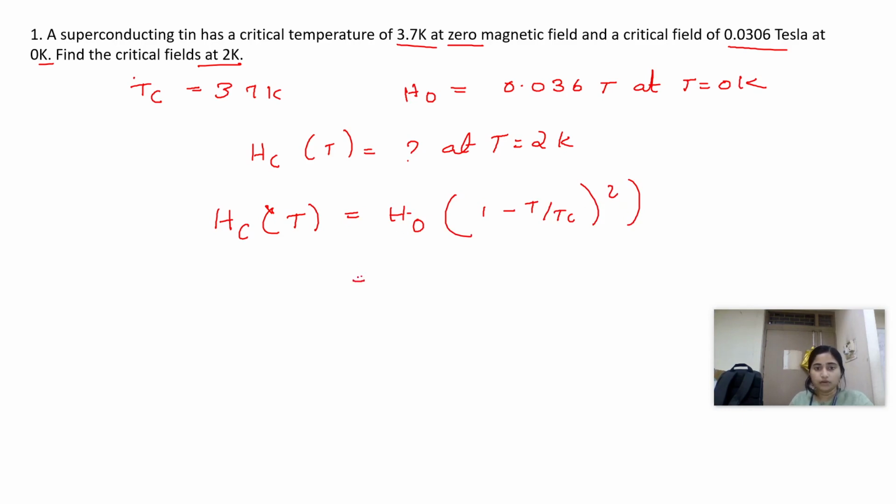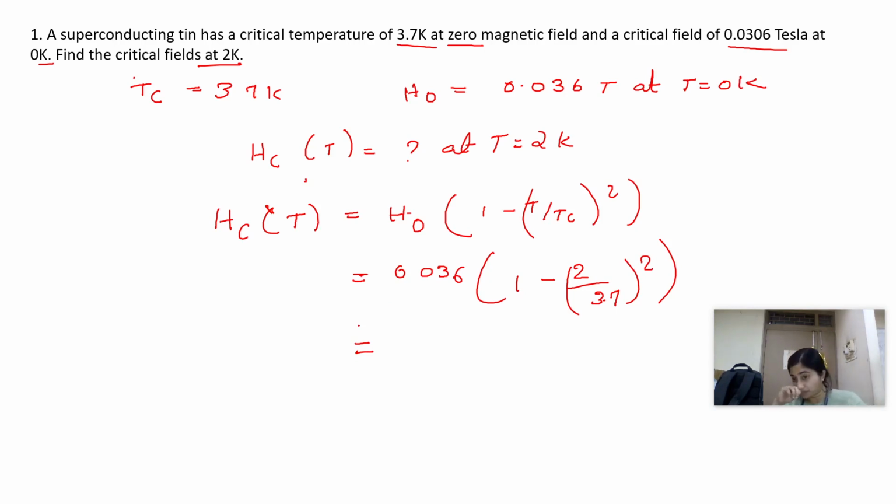Now substitute the values which are already given in the problem. Although it's a direct problem, it will be 0.036 times 1 minus T, which is 2, divided by 3.7, whole square. Now please calculate this and let me know what answer you got. What is the value of the critical field?